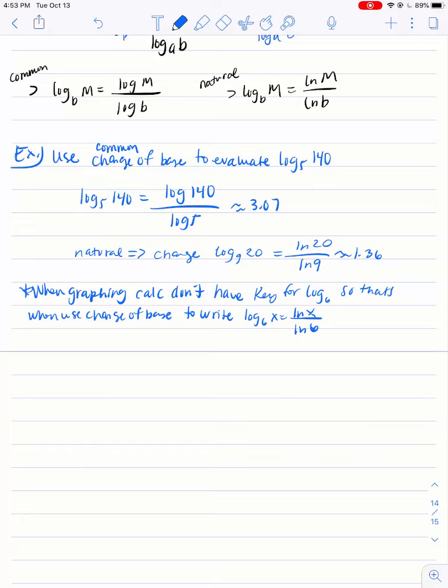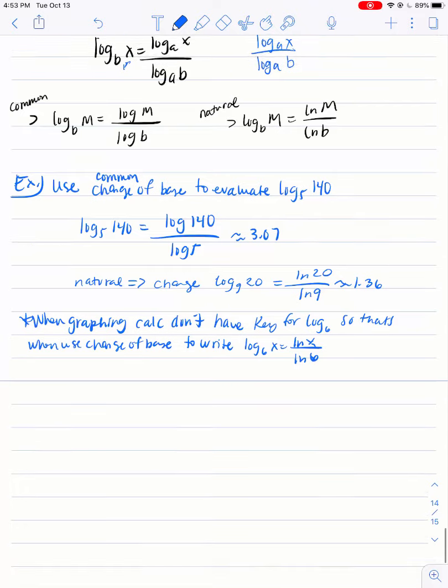So I have log base 5 of 140 equals log of 140 over log 5, which is approximately 3.07. And then I'm going to use a natural change of base to change log base 9 of 20. So I have natural log of 20 over natural log 9, which is approximately 1.36.